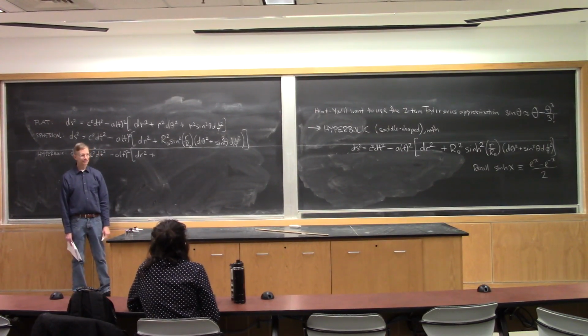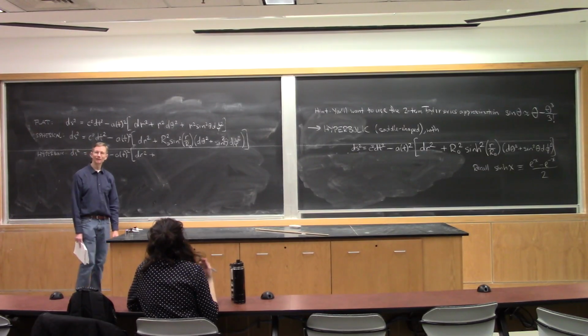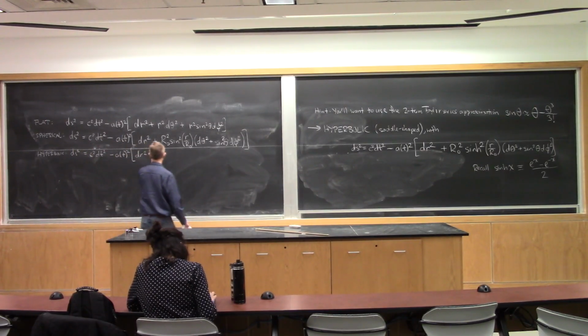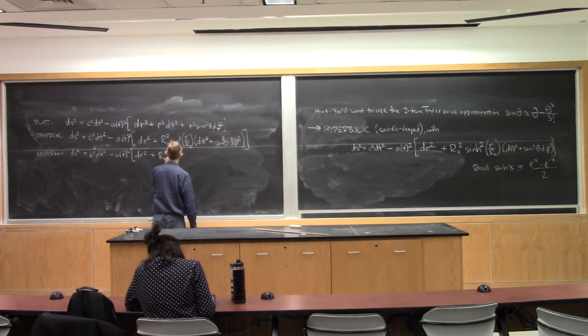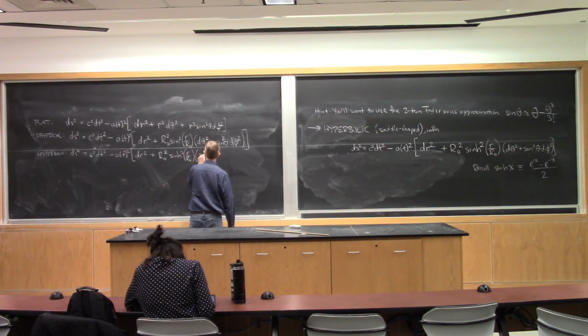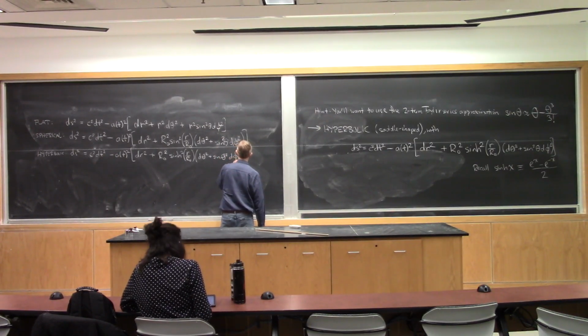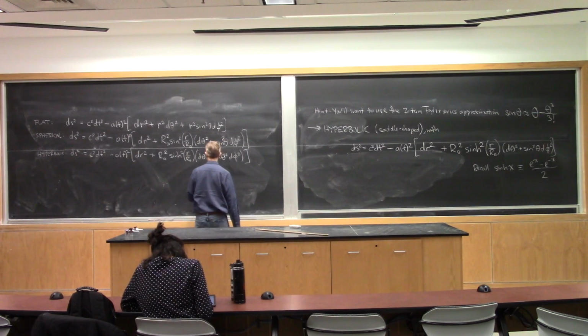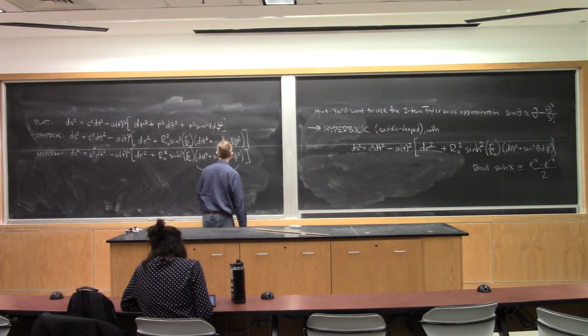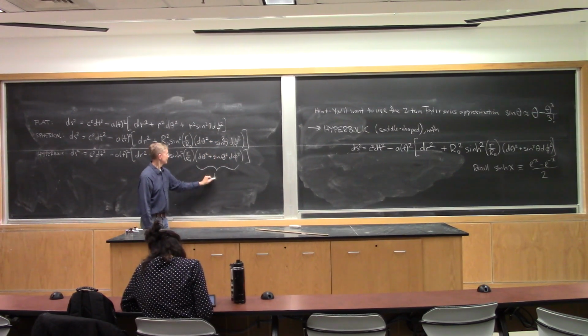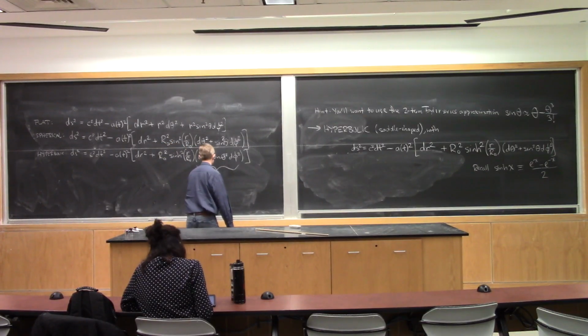So, plus R naught squared sinh squared r over R naught, this same piece right here, d theta squared plus sine squared theta d phi squared. And what we're going to do, just to save writing, is call that combination d capital Omega squared.